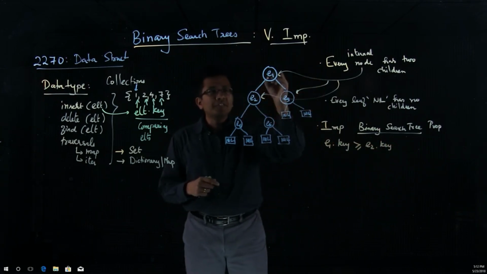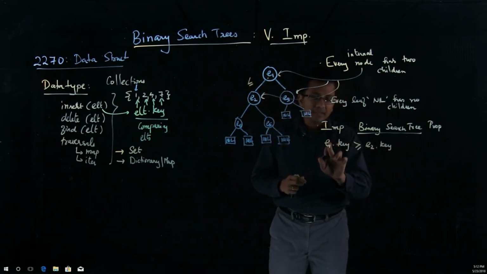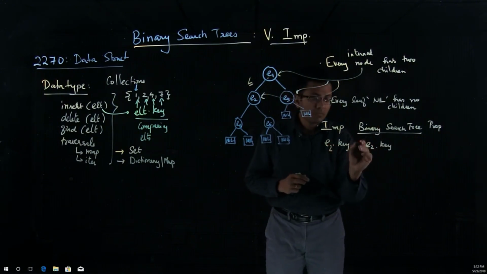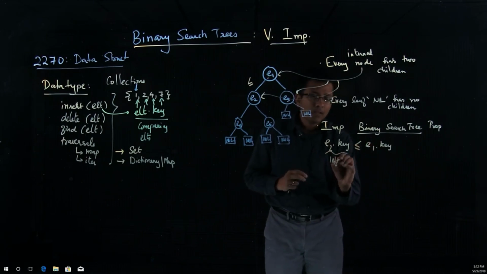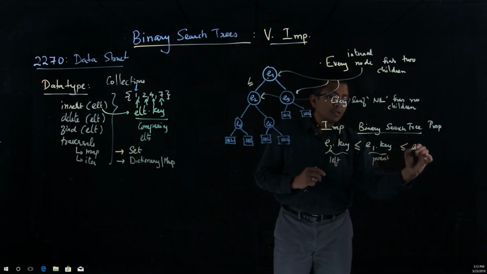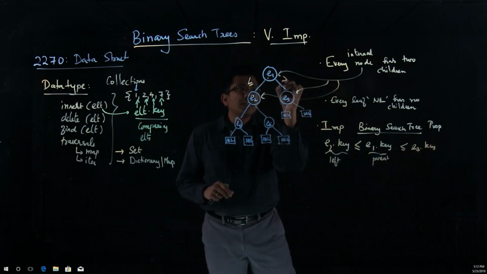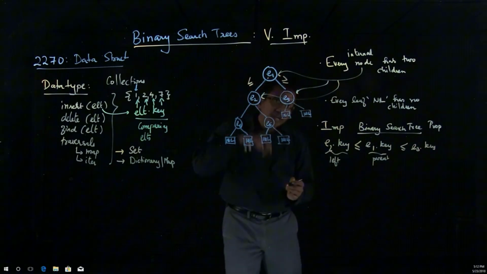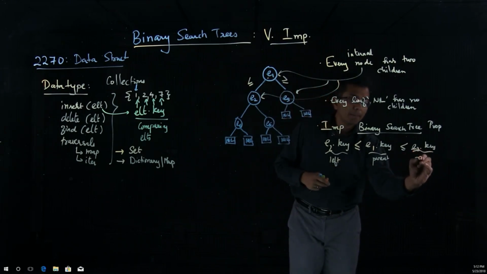So the key of the left child must be less than or equal to the key of the parent. In other words, E2 dot key must be less than or equal to E1 dot key, and the parent must be less than or equal to E3 dot key. So the right child must be greater than or equal to the parent. If I move to the left child, the key reduces. If I move to the right child, the key increases. All right. So this is the right child.